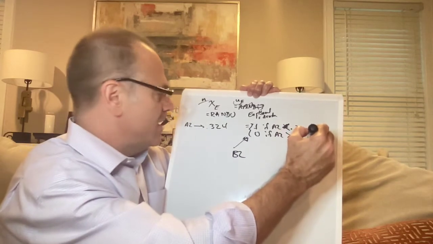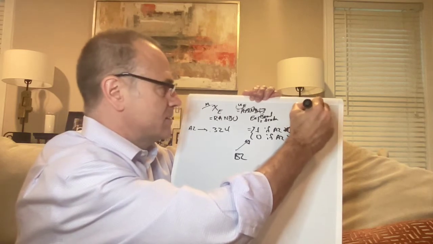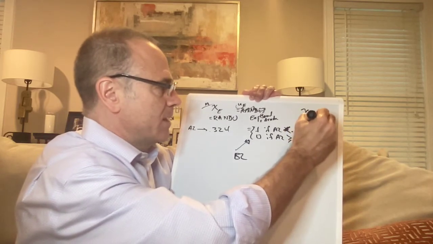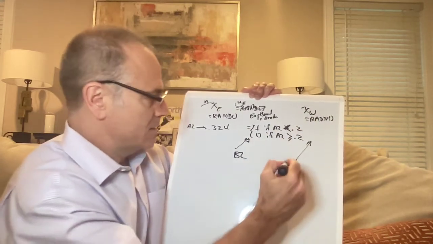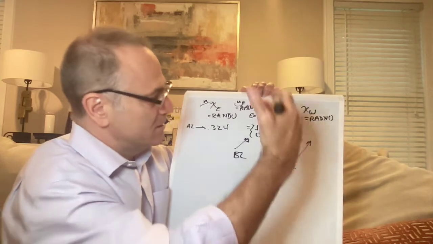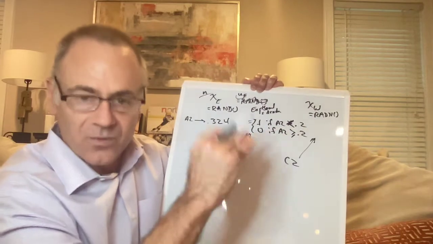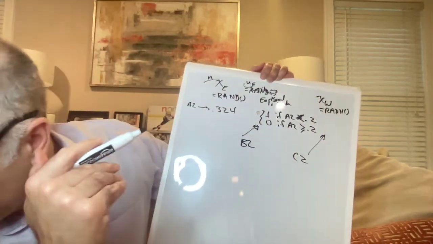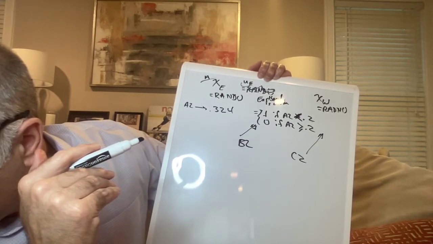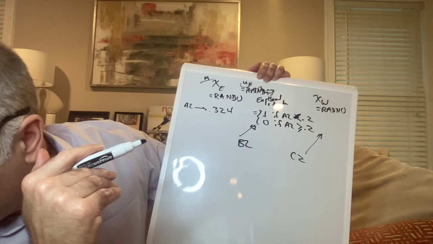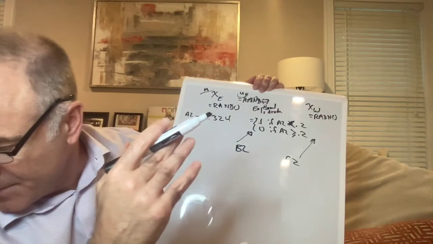You're going to do the same thing for the westbound driver. So XW is going to equal rand left paren, right paren, and that's going to be C2. Then D2 is going to be an indicator whether the westbound driver is drunk or not. Okay.